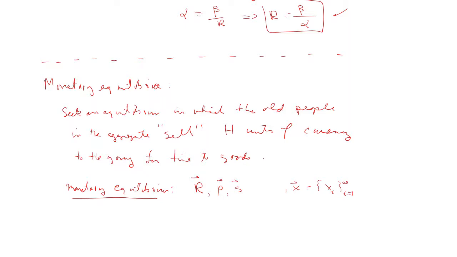Okay, a monetary equilibrium is going to consist of a triple of sequences such that, it's kind of what you'd expect, P is a positive sequence. It's positive for all t.